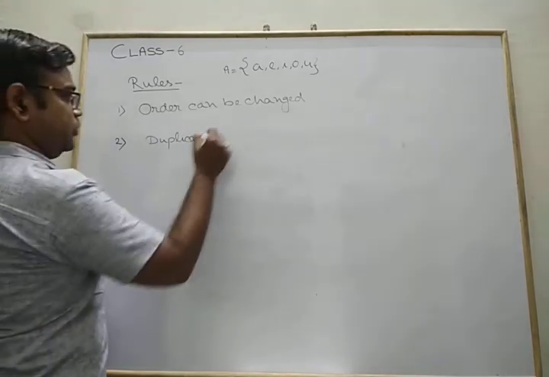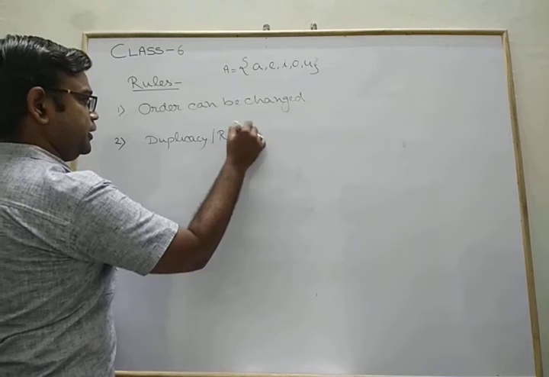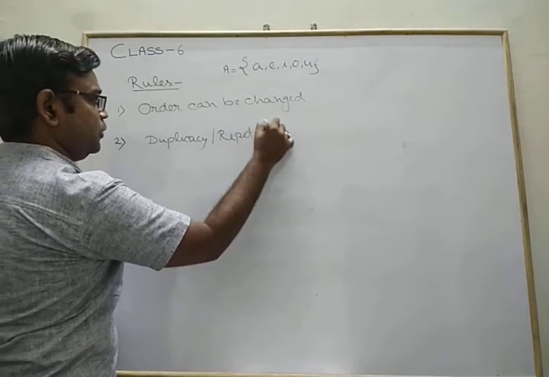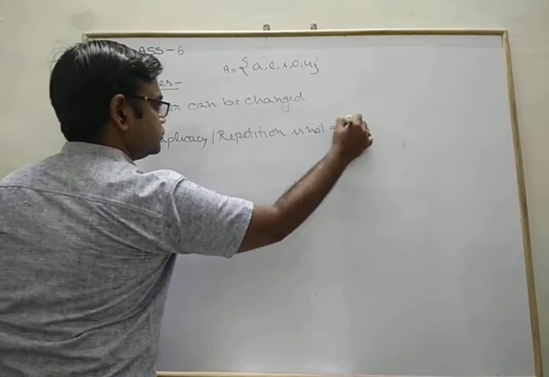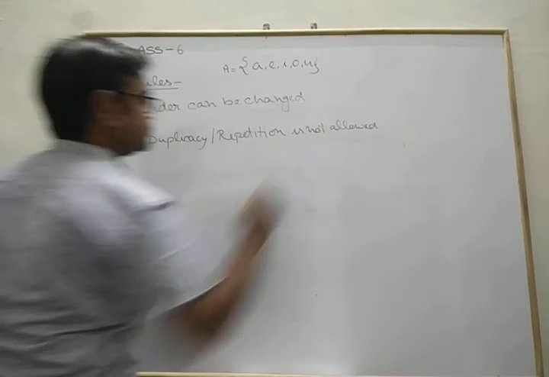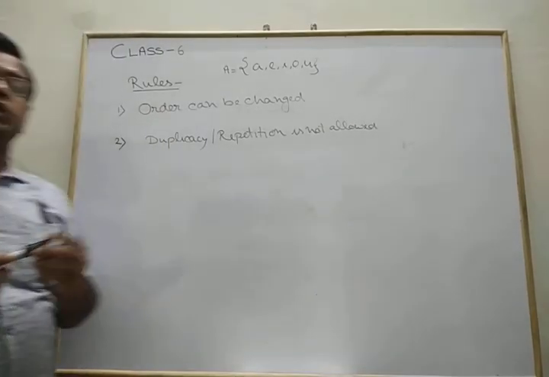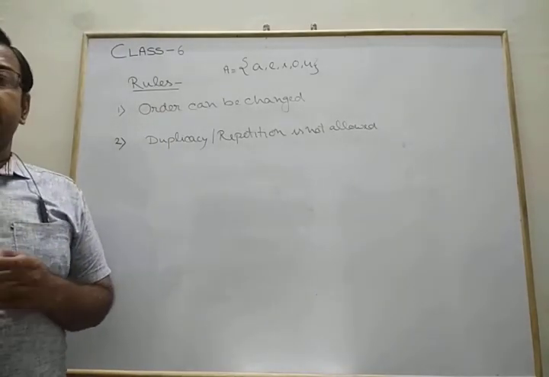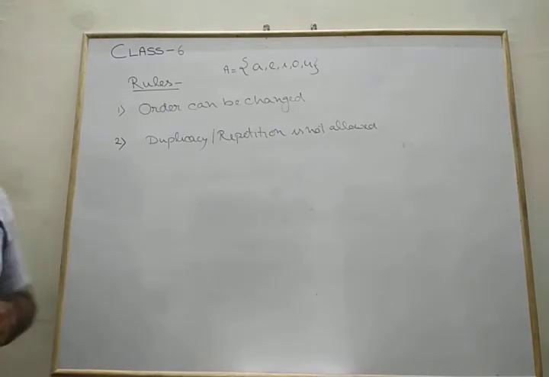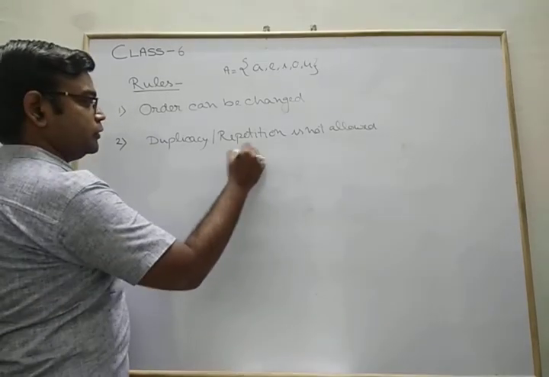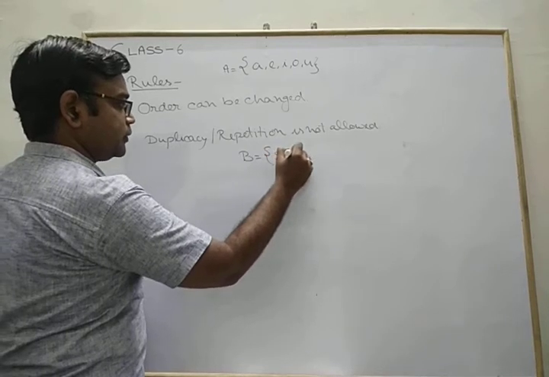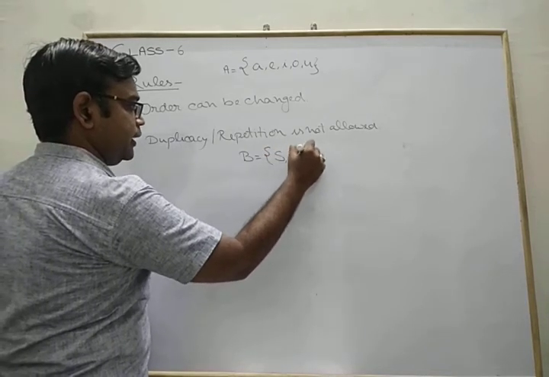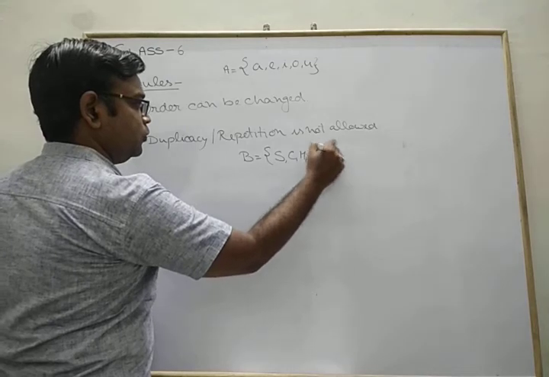Repetition is not allowed. Suppose, take the example letters of the word school. How do we write this one? B equals to those letters: capital S, then C, then H, then O, then O, then L.